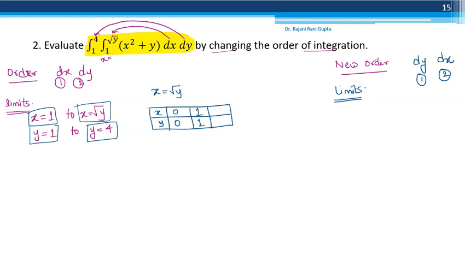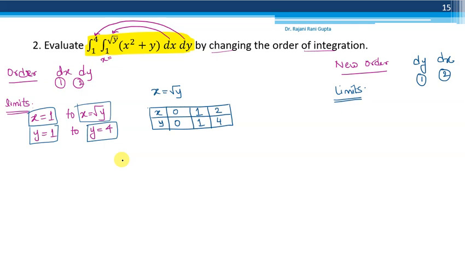At 1, you will have the value 1. At 4, root of 4 will be plus and minus 2, but we are taking only the positive values, because here the values are only in the first quadrant. So let's draw this graph.